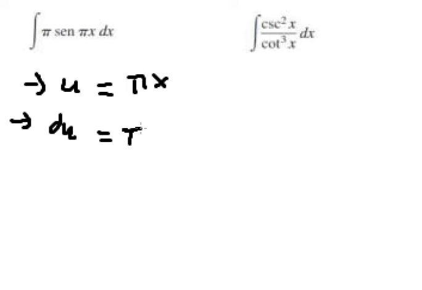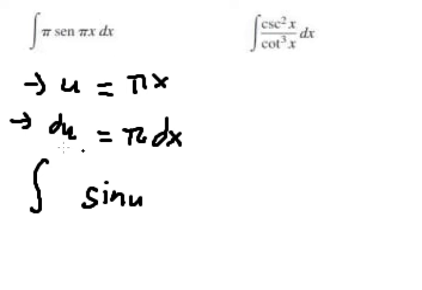Now let's go to the next one. We can use u equals to bs. So if we do first derivative for both sides, we have b ds. This one we have sine u. b ds we change by du.